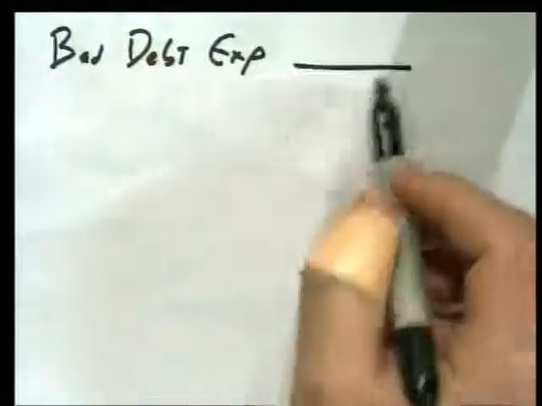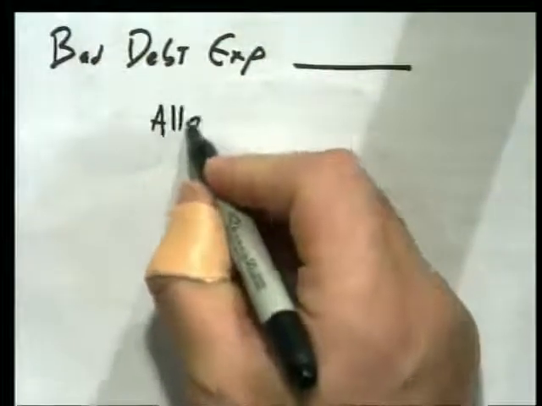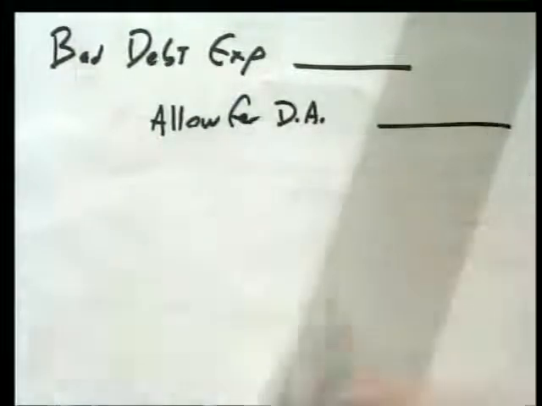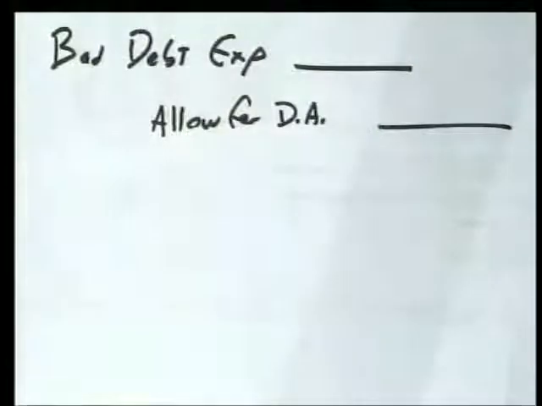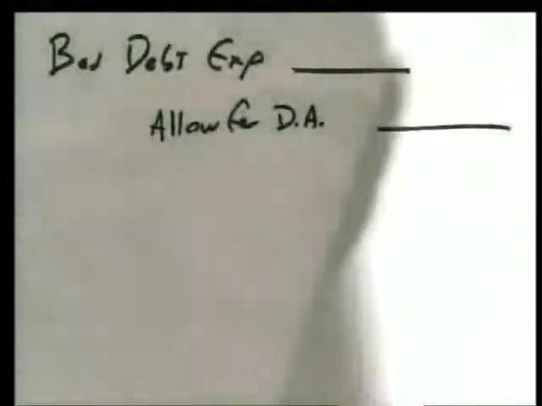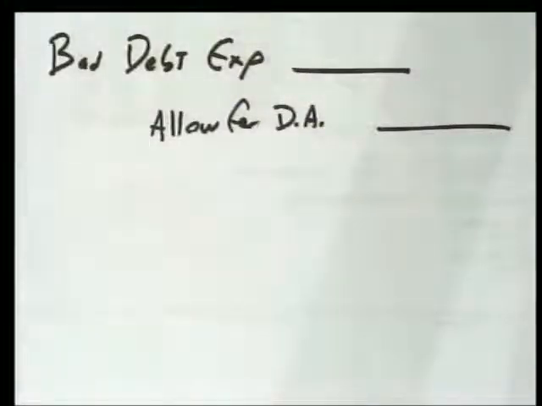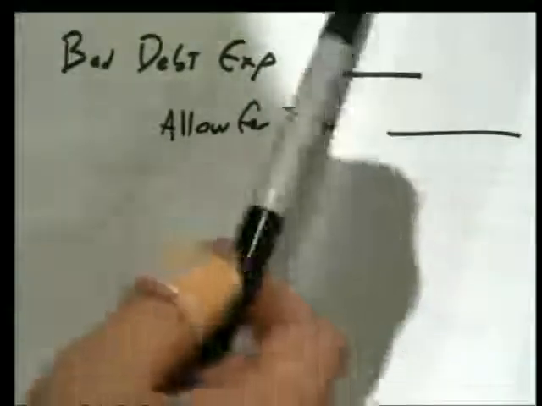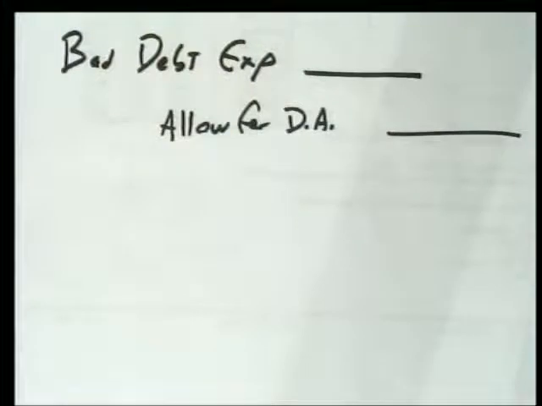Bad debt expense will be debited, and allowance for doubtful accounts will be credited. Under the allowance method, that is the entry you make when you estimate bad debt expense. That's what's debited, that's what's credited. Now we're simply going to learn some different methods for coming up with the number that goes in that blank. Are you with me?